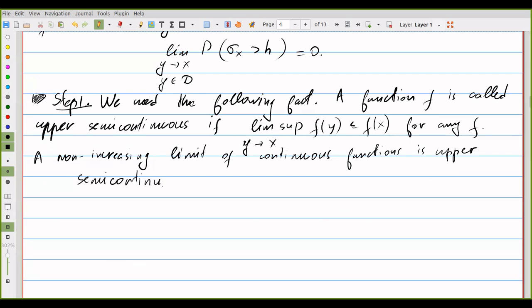At least in Ukraine, most courses on analysis never discuss semi-continuous functions, but they're actually quite useful in general. And the claim we want to pursue on the first step is that the function is upper semi-continuous.